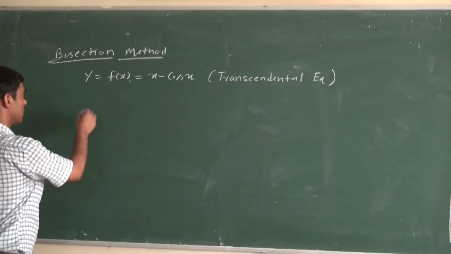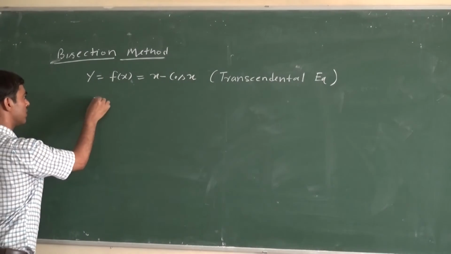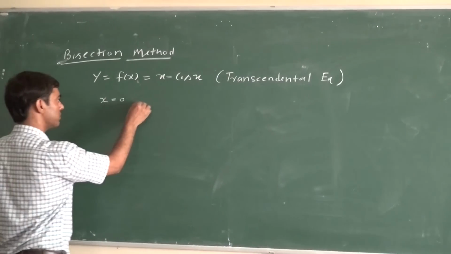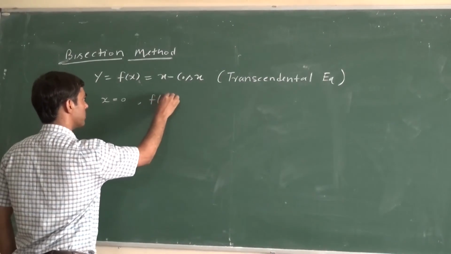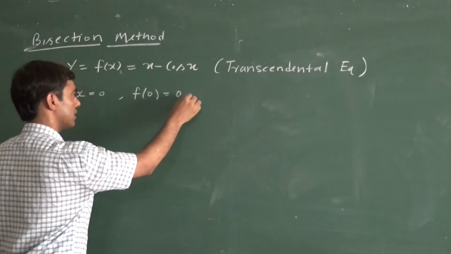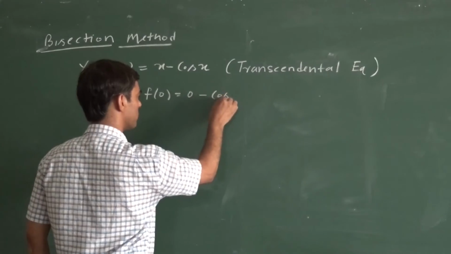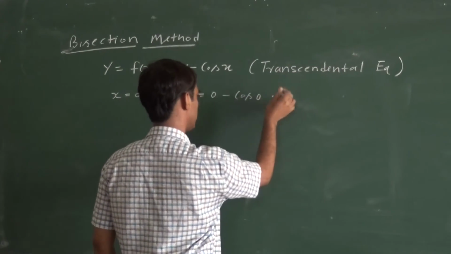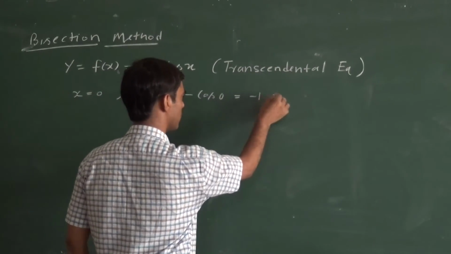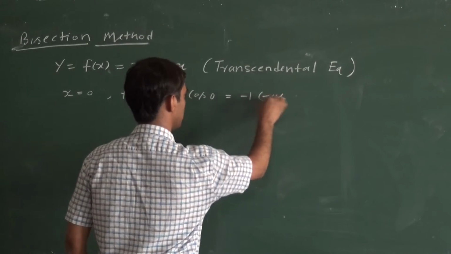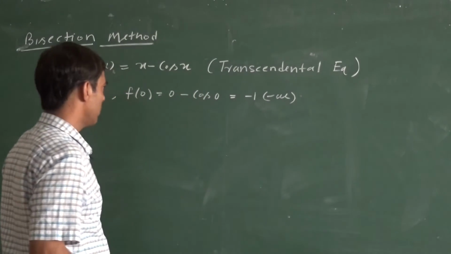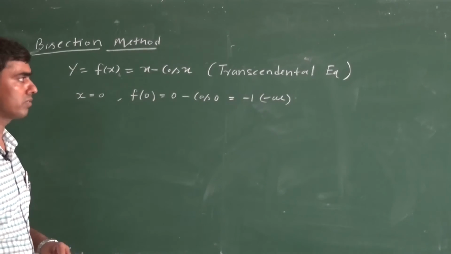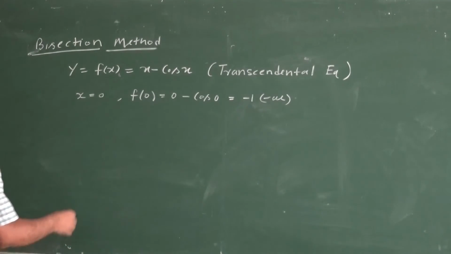So suppose x equal to 0. Then what is the value of f of 0? F of 0 equals 0 minus cos 0, and we know that the value of cos 0 is 1, so this is minus 1, a negative sign. Now, our next aim is to find a value where the function is positive.